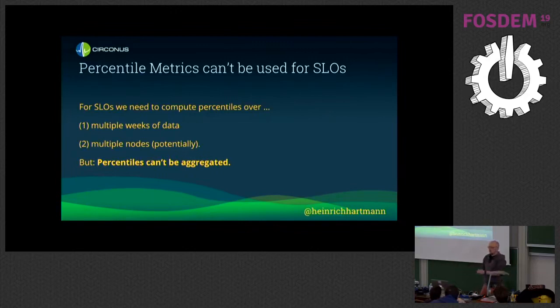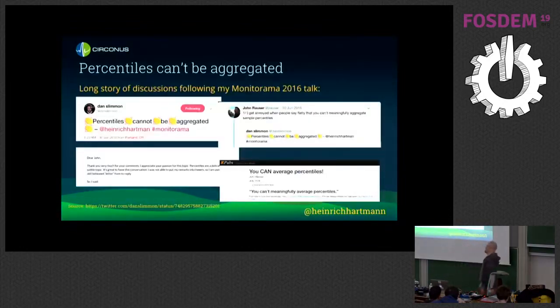An SLO asks you to compute a percentile over 1 month or a week of data, and also across the service. It doesn't ask whether node 1 is doing so many requests, or node 5. It asks, do all web servers that serve the APIs do that? So you need to aggregate across multiple nodes and across multiple weeks, and you just cannot do that with percentiles. And then people say, well, kind of, you maybe can.